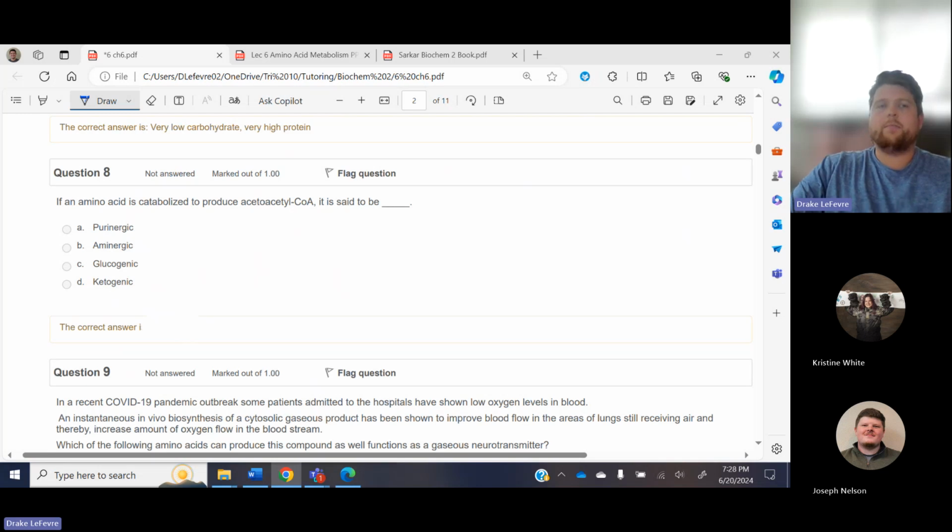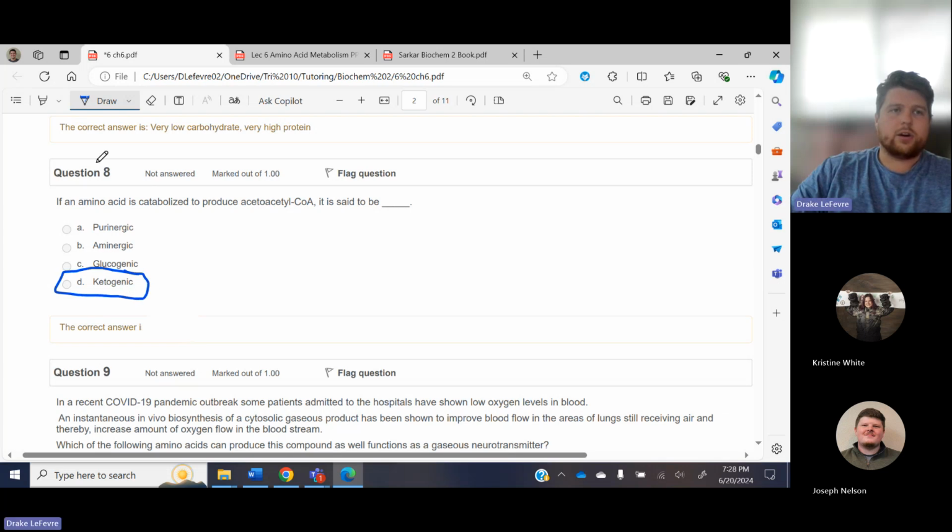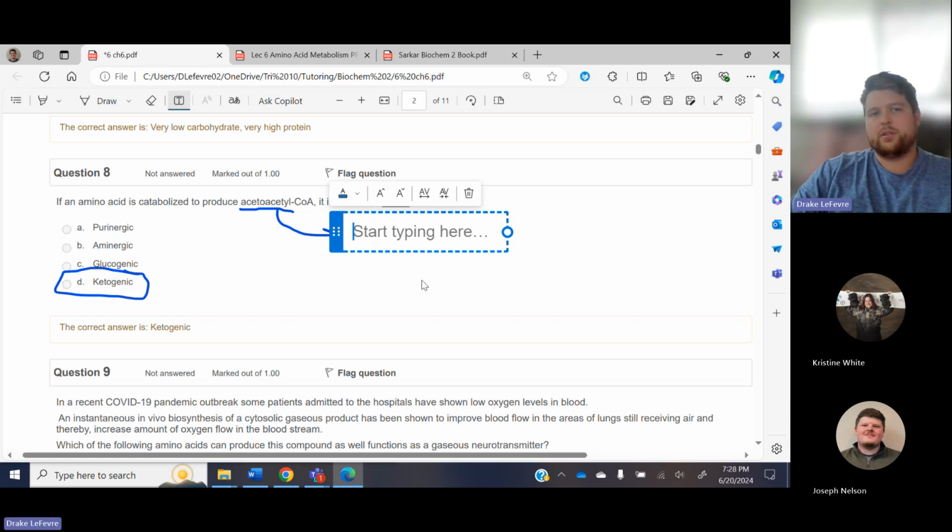Okay. If an amino acid is catabolized to produce acetoacetyl-CoA, it is said to be, we essentially already had this exact question, ketogenic. And if you remember, acetoacetyl was one of our ketone bodies. Do you remember any of the other ketone bodies?